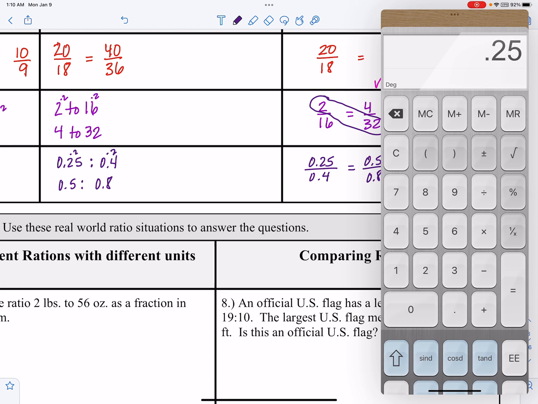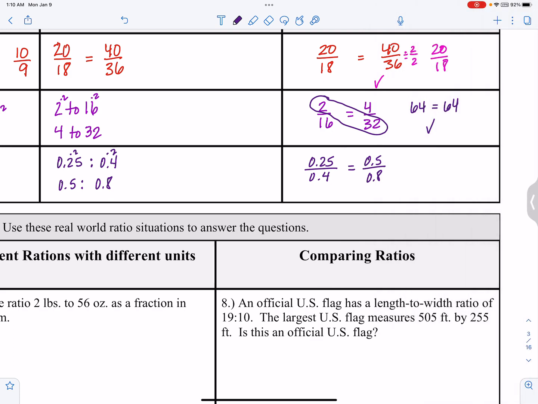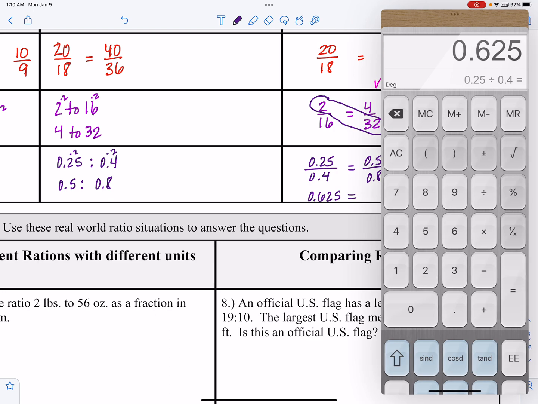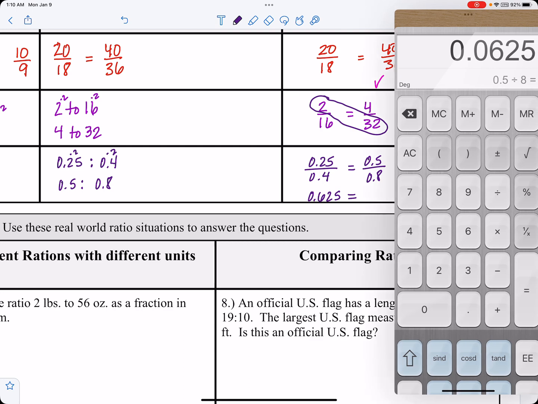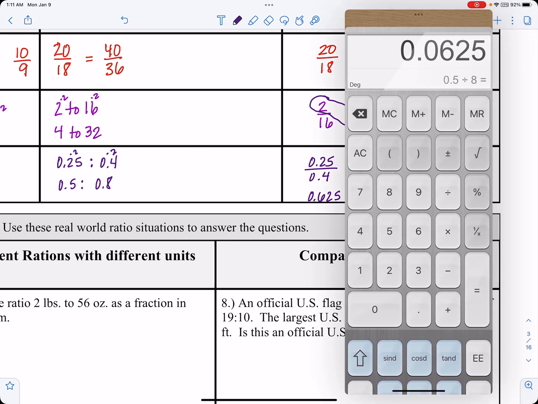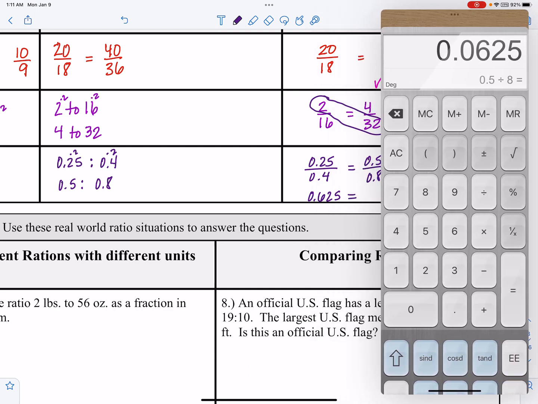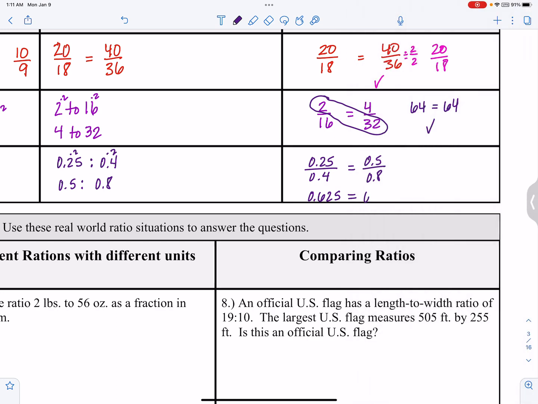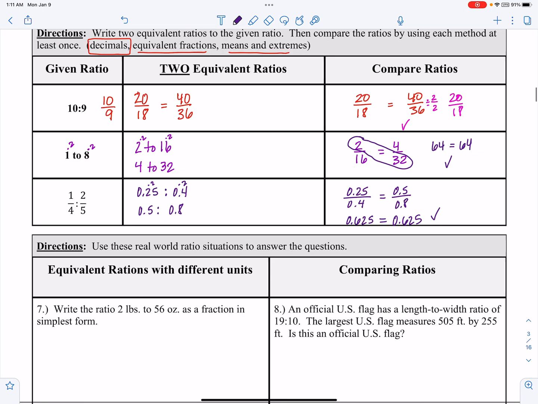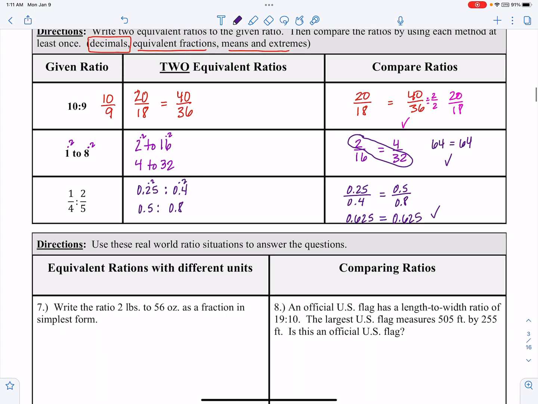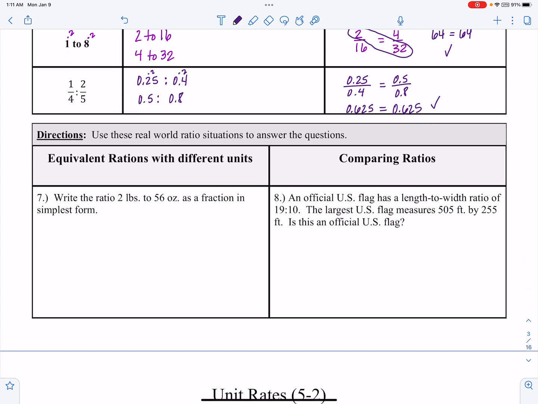So 0.25 divided by 0.4 gets 0.625. And 0.5 divided by 0.8 equals 0.625. And so these are equivalent fractions, and there's the proof. Okay, and so we've identified that those two ratios are equivalent.